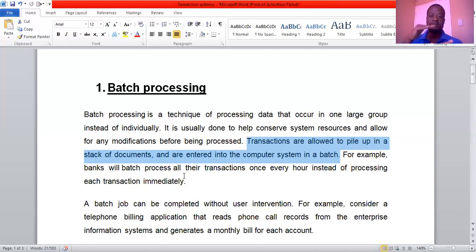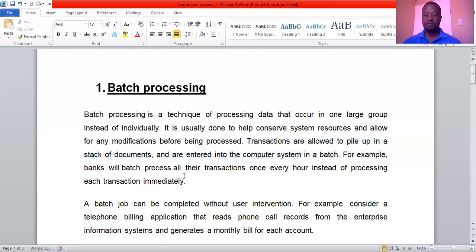All these documents or transactions are piling up and are entered into the computer system in batches. First you just pile them up, and then you process them once. So we're saying they are entered into the system in a batch.